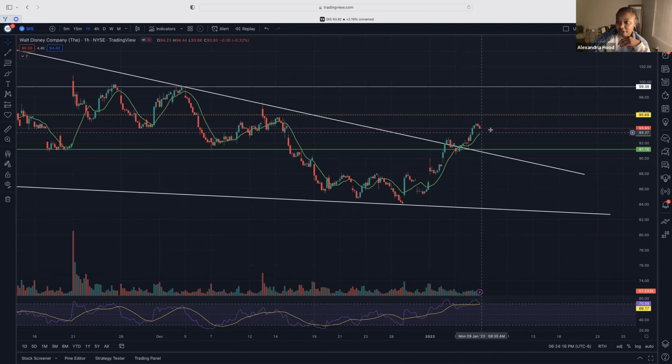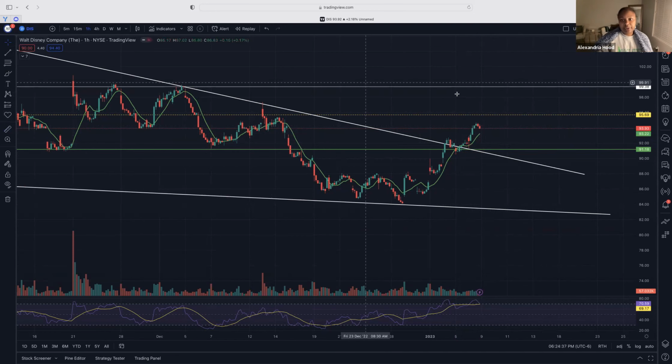I want the break below 93.22 to carry down to the 91.18. This is the move that I want. And if we were to measure that, because I've been showing y'all this measuring tool, that would be a very nice day trade, getting a 2% move.